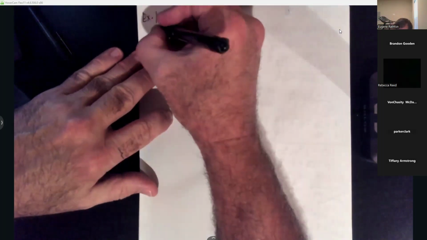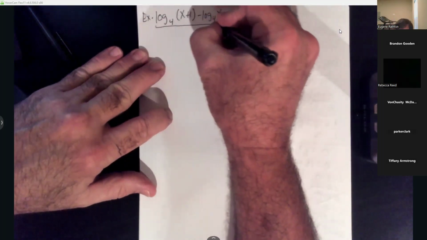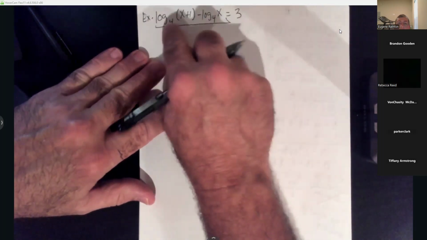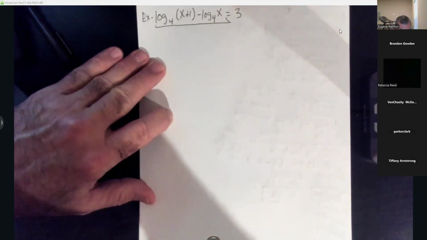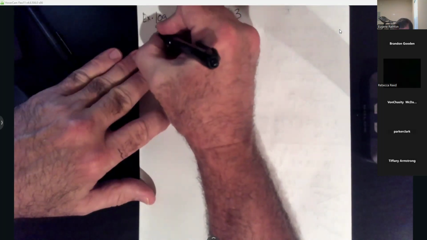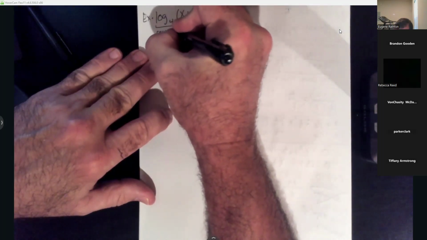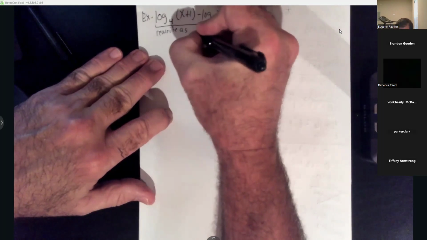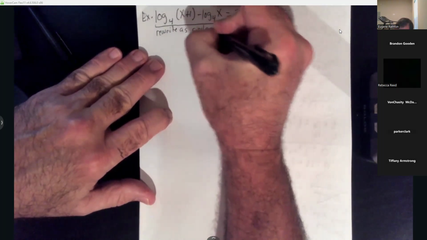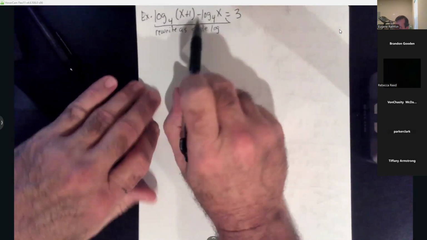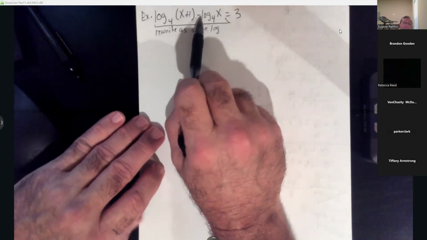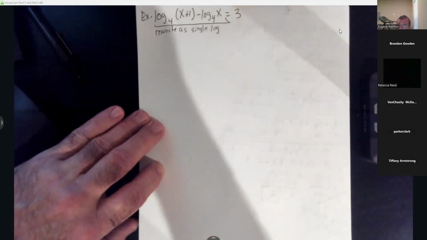So the first thing we're going to do on the left side, we're going to write these two logs as a single log. Since they're being subtracted, it's going to look like a quotient.